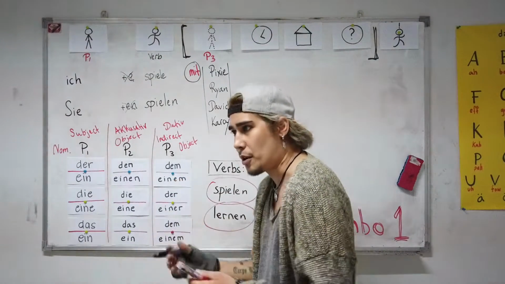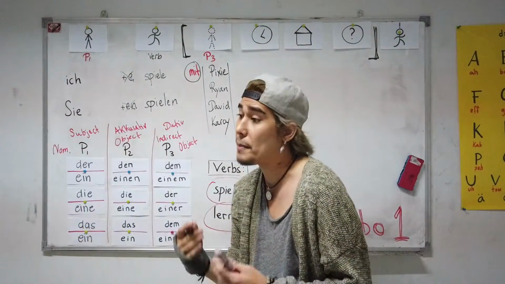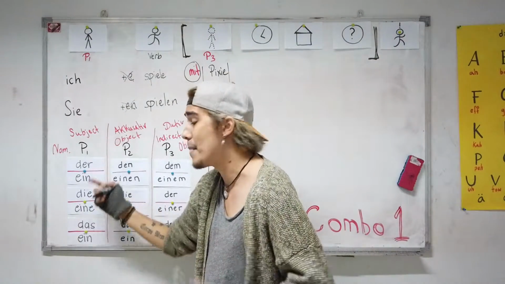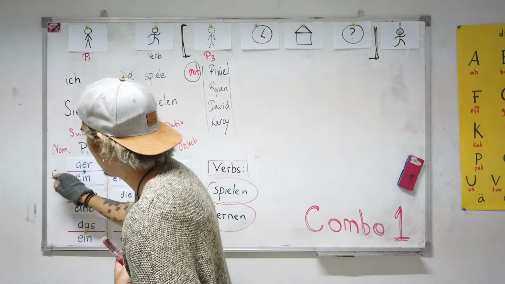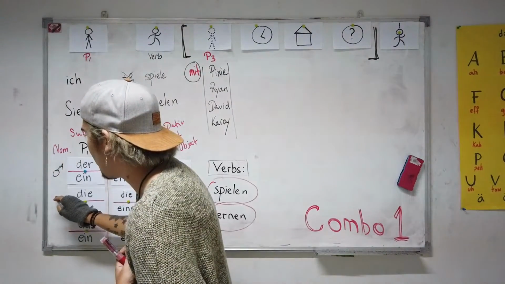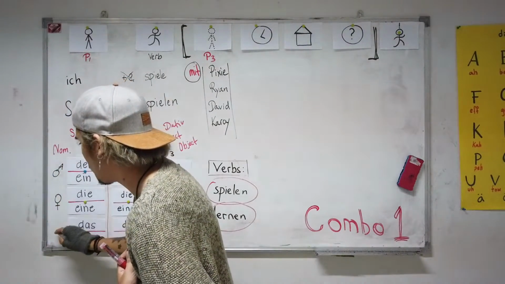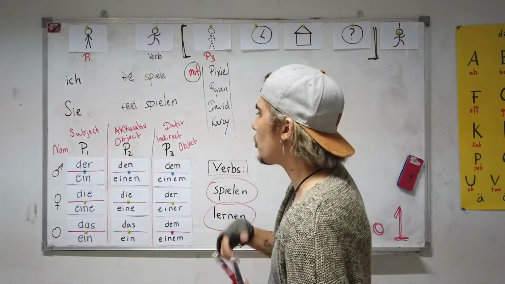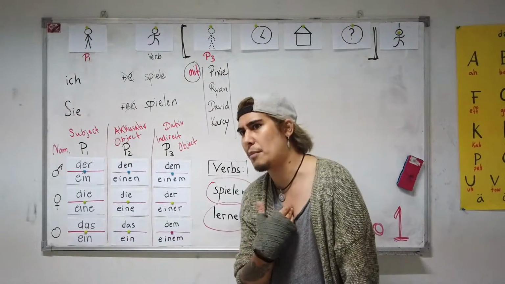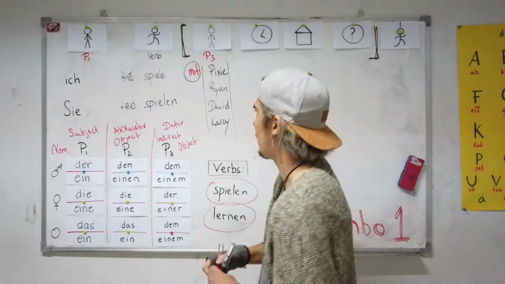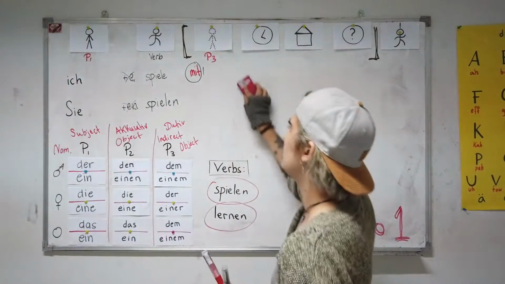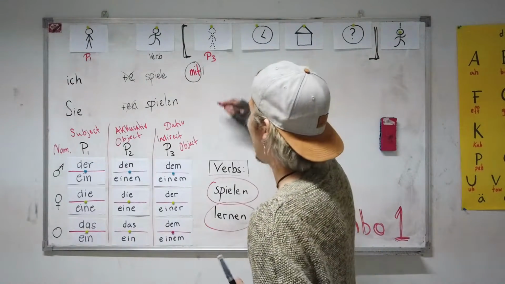Now, let's say you don't want to put a name, you want to play with a man. The article of a man is der. Male. Right here, it's male. Female is this. Neutral is this. So, I'm gonna play with a man. Let's remove this right here, and we're gonna put man.